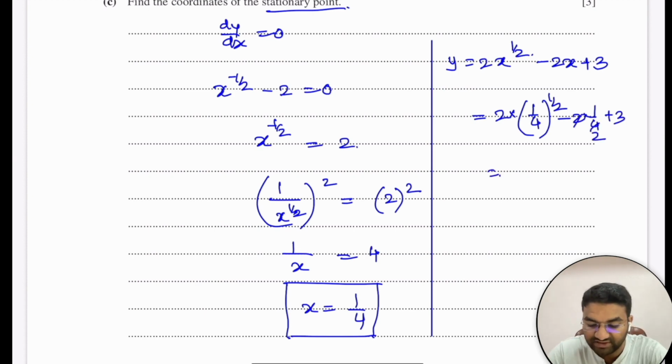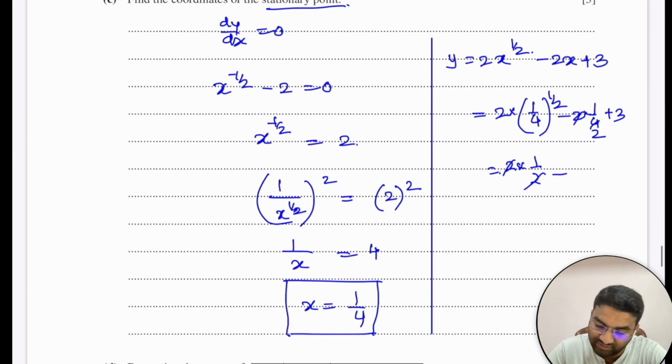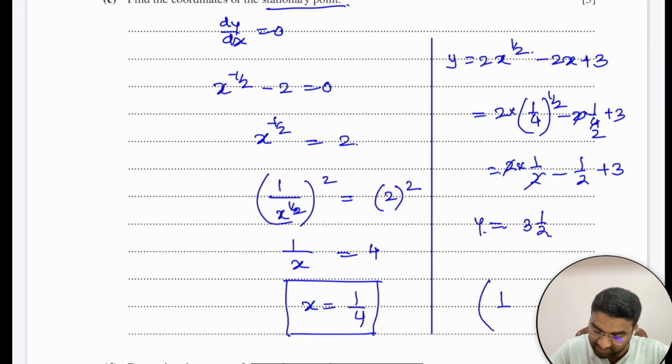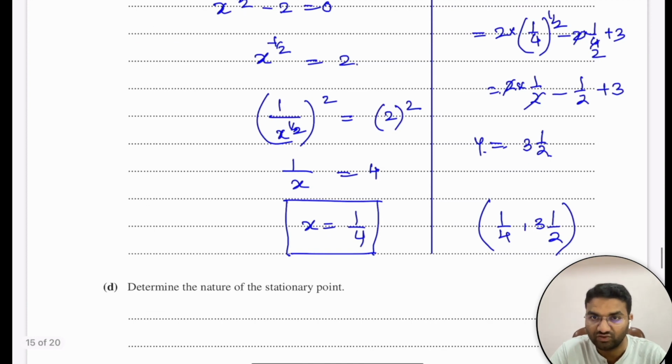So (1/4)^(1/2) means the square root of 1/4, which is just 1/2. The 2s get cancelled out, and here - 1/2 + 3. And you will get 1 - 1/2 is 1/2, plus 3 means 3.5 is basically y. So you will get the point (1/4, 3 1/2). That's it. That's the point actually.